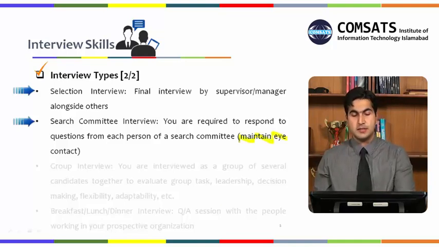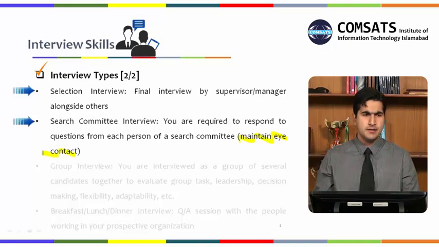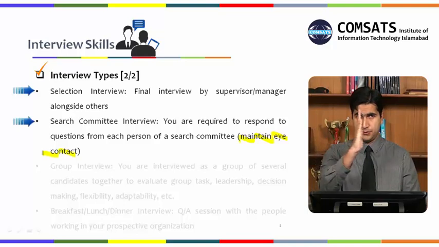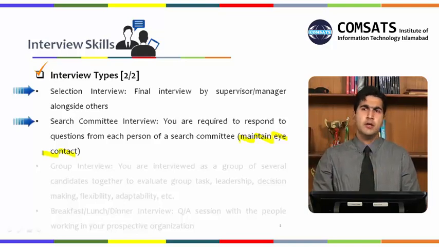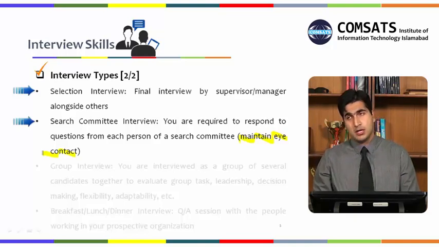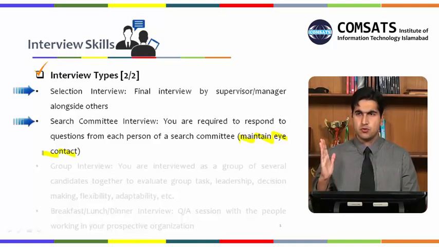For that, this is the tip mentioned here: in the earlier stages you are probably facing just one individual, but in this one there will be more than one individual. The good thing is that if they are sitting in front of you, three, four, five of them, while you are answering the asked questions, you can make eye contact alternately with each and every individual, so that they can see that you are talking to each and every one of them, you are involving each of them in the interaction, and you are quite confident with everything that you are saying.